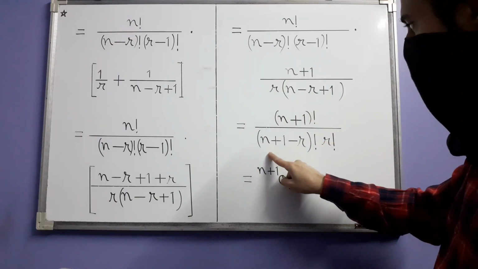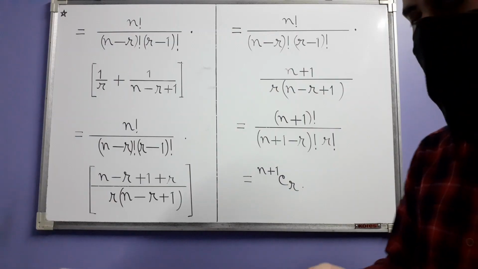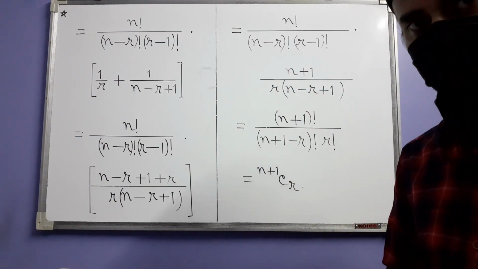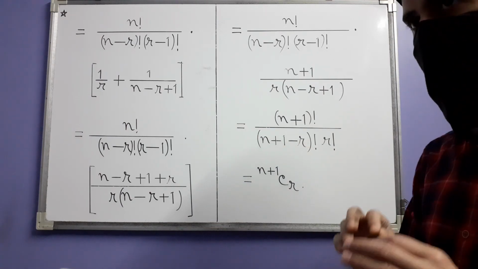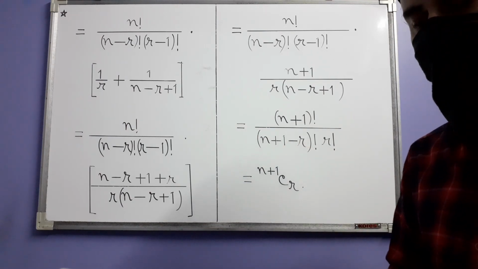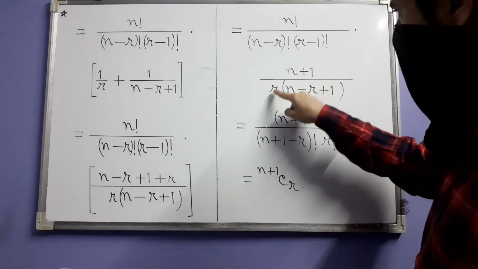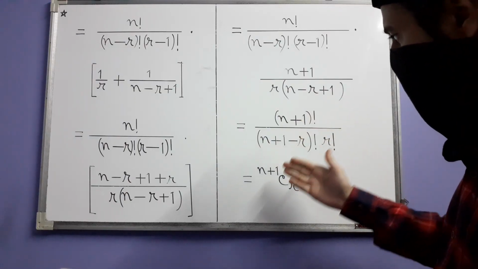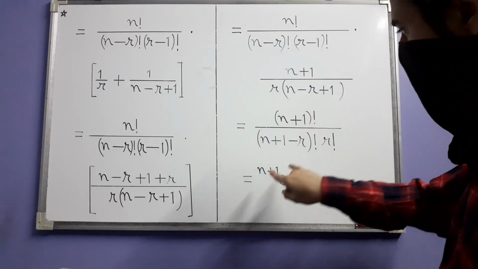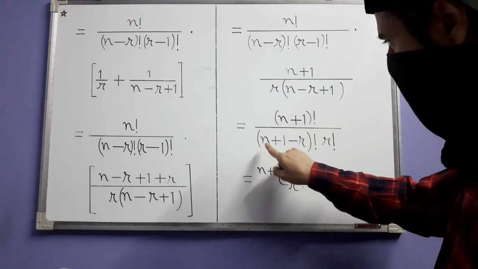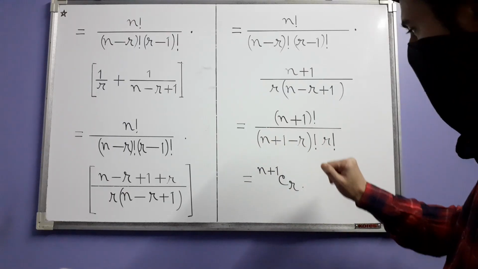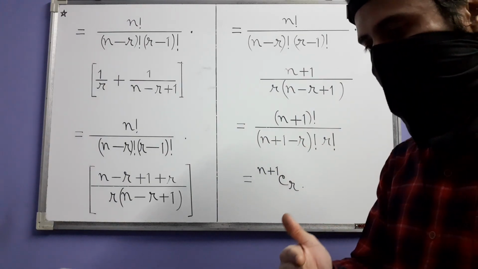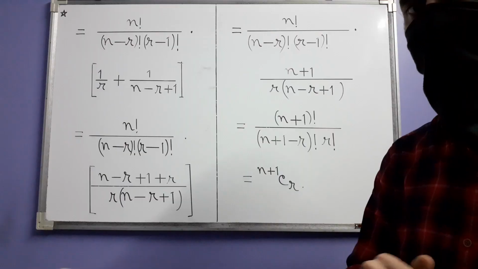So together they become (n minus r plus 1) factorial, but you can write it slightly differently. (n plus 1 minus r) factorial, same thing, but we do this so that we can recognize what we are getting. Similarly, combining r and (r minus 1) factorial, here you have r factorial. So is this not (n plus 1)Cr? You see, (n plus 1) factorial divided by (n plus 1 minus r) factorial times r factorial. That's why instead of writing n minus r plus 1, we wrote n plus 1 minus r.